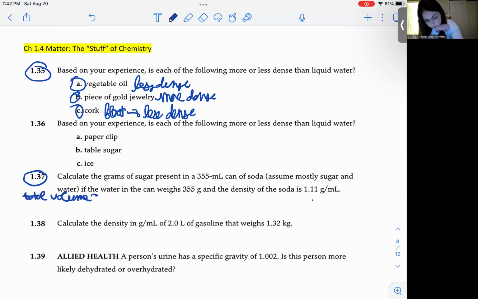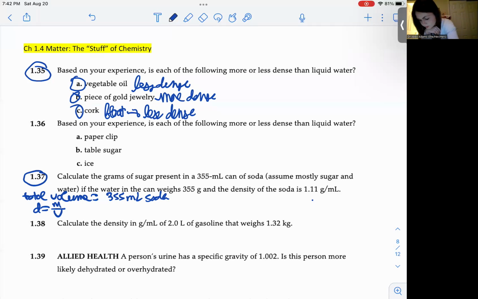The total volume is 355 mL of soda. Let's write our equation here. It always helps to see your equation to start off with. So D equals M over V, Department of Motor Vehicles. All right, so we have our density. I told you, you just see what you have and then recognize what you need to find out and set up your equation, plug it all in.